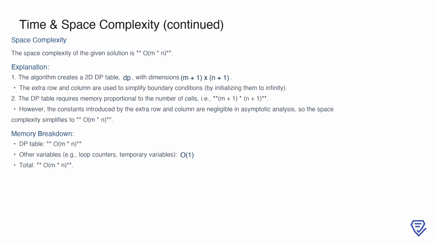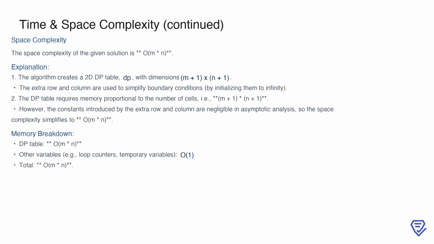Now let's discuss the space complexity of the algorithm, which is O(m*n). This is due to the creation of a 2D dynamic programming table, DP, with dimensions (m+1) x (n+1). The extra row and column are added to simplify boundary conditions by initializing them to infinity. The memory required for this table is proportional to the number of cells, specifically (m+1)*(n+1).